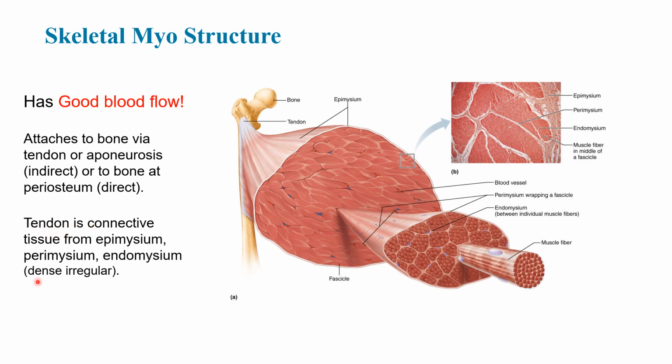It's dense and irregular, and depending on where it connects in the muscle, whether it's deep down inside or on the skeletal fiber surface, the myofibril, or even outside, a little bit further out, that's not as important as the fact that it's dense and irregular connective tissue.